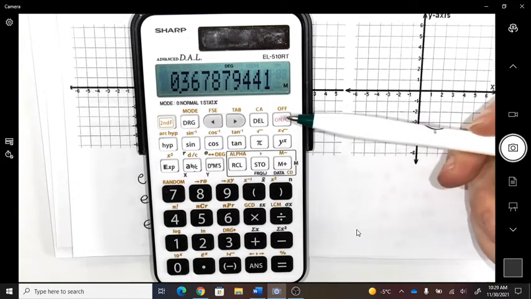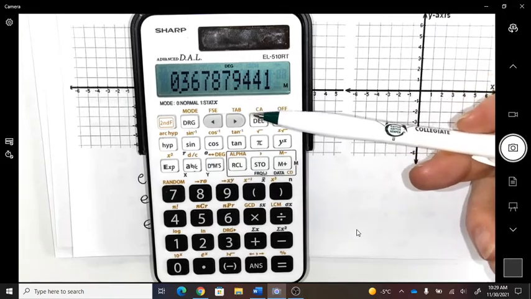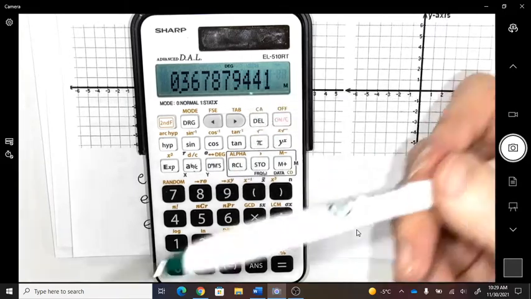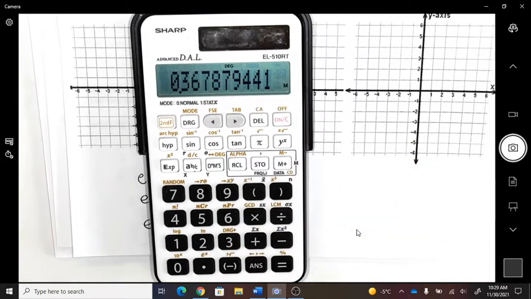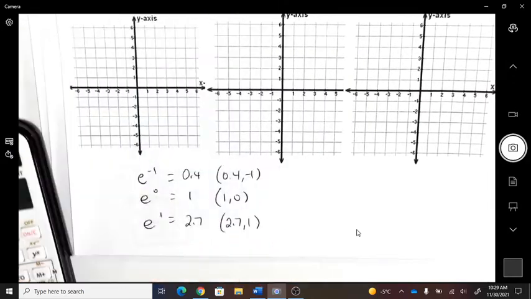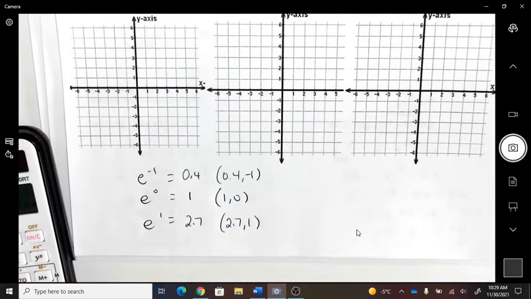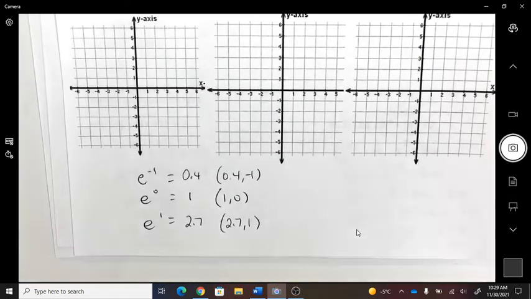And since this is graphing, I'm okay going to 1 decimal place, right? Because I'm not going to know your difference on your graph. So I'm just going with 0.4. Okay, so there's the 3 points on our original graph.